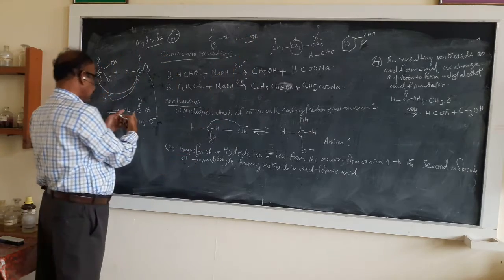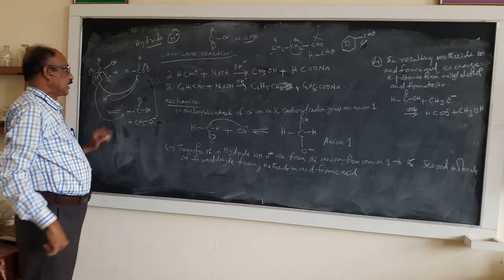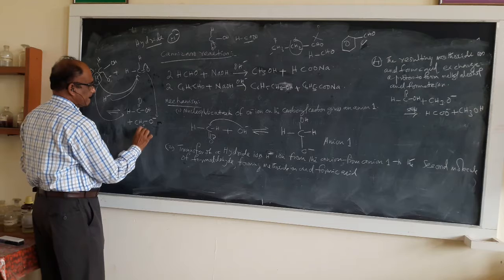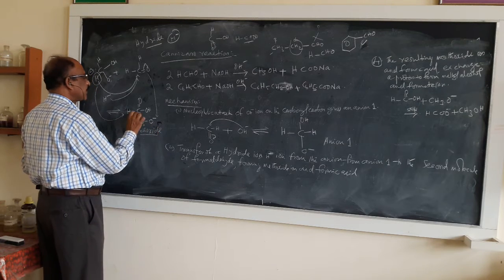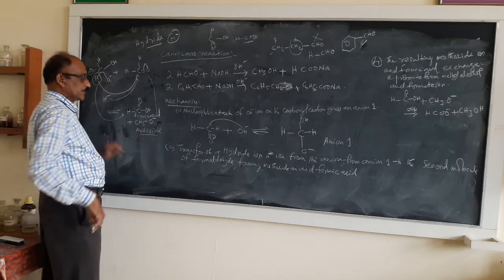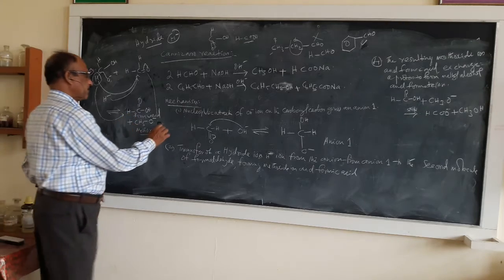So this part, HCOH, will be coming from this part. This is known as methoxide, and this is formic acid. Understand? The second step is very important. So you are getting formic acid and methoxide ion.